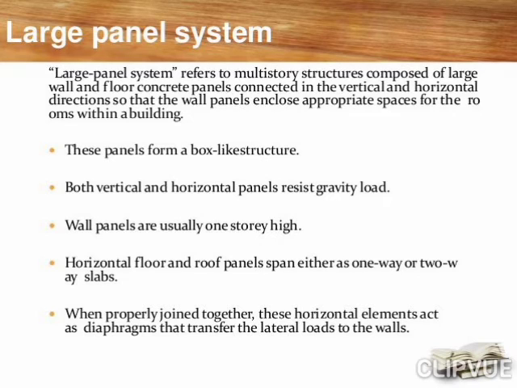Both vertical and horizontal panels resist gravity load. Wall panels are usually 1 story high. Horizontal floor and roof panels span either as one-way or two-way slabs. When properly joined together, these horizontal elements act as diaphragms that transfer the lateral loads to the walls.